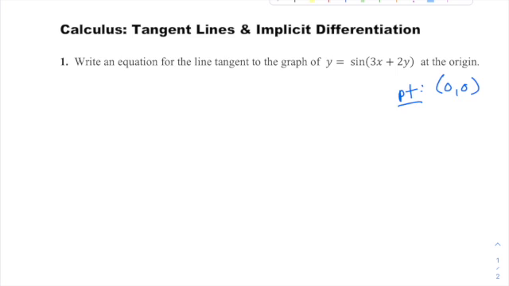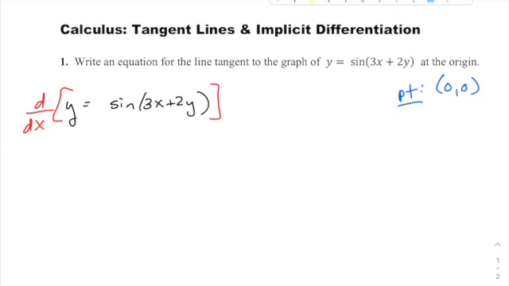So our equation is this, and we're going to take the derivative because that's what's going to give us the slope of the tangent line. So I'm going to take the derivative of this with respect to x, right?